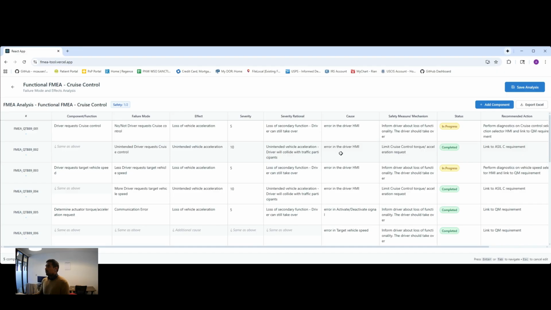Again, the cause could be an error in the HMI. The safety measure here is that the cruise control acceleration request can be limited to a safe value, which gives the driver enough time to notice that the vehicle is accelerating and then press the brake pedal to stop. This is eventually linked to an ASIL C requirement.